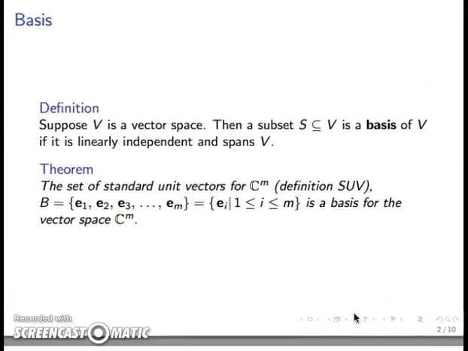One of the implications of a basis being a spanning set is that, for example for Cm, Cm is equal to the span of the set containing the standard unit vectors E1 through E sub m.